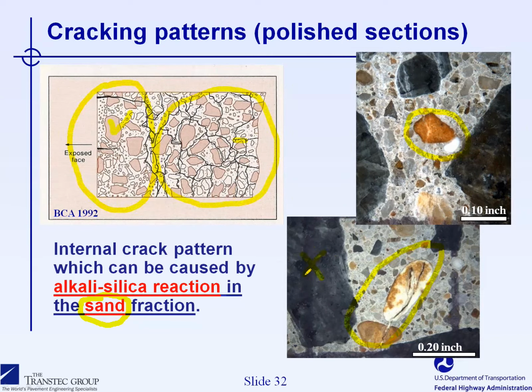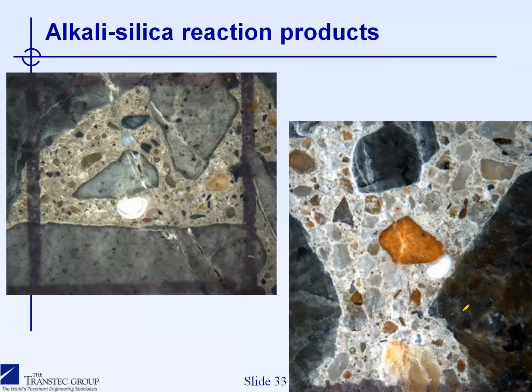This is the sand. Those are the reactive sand particles, and the coarse aggregates in this example are not reactive at all. It's really the fine aggregate, the chert particles, that are reactive, and you can see the cracks running through the aggregate particle and the presence of alkali silica gel in the cracks.